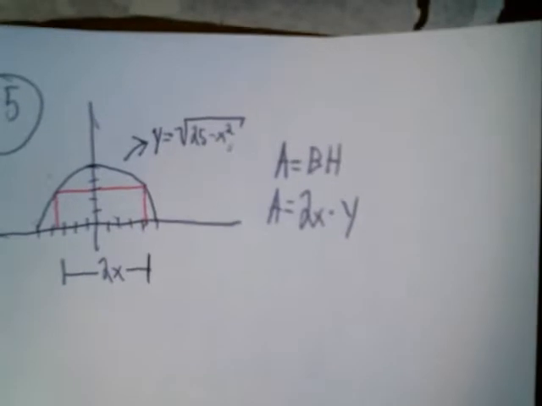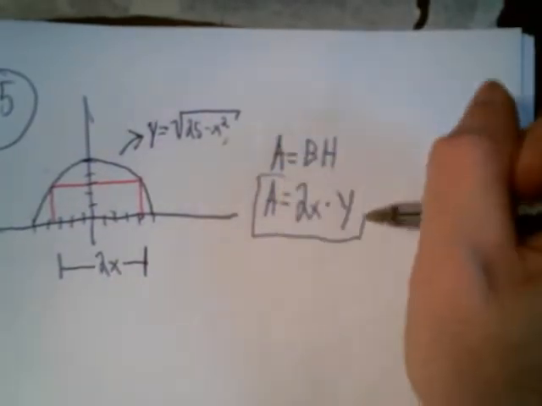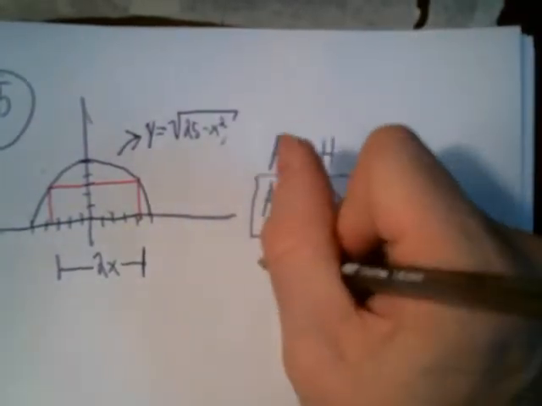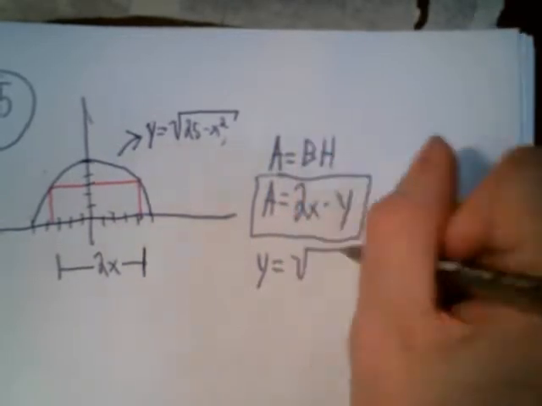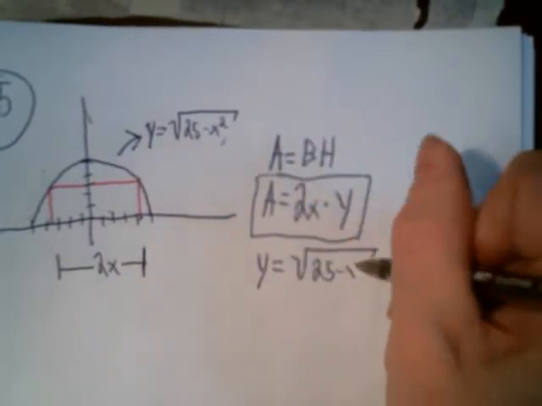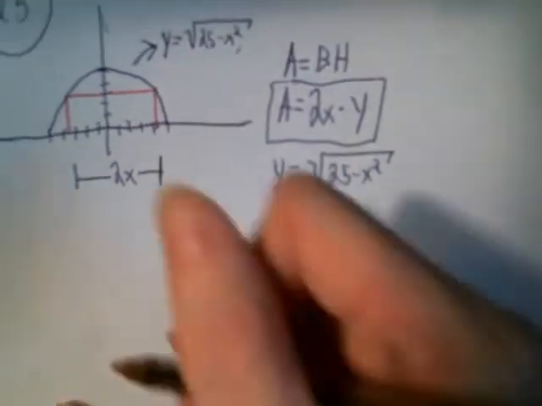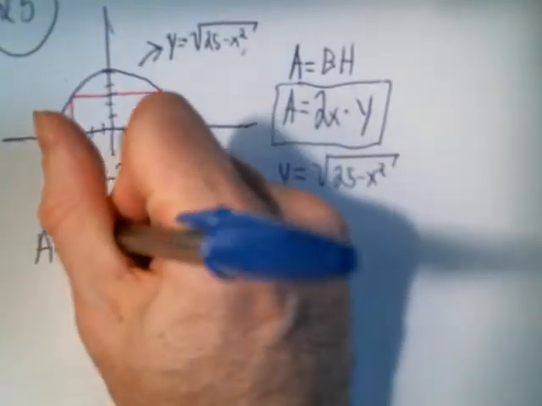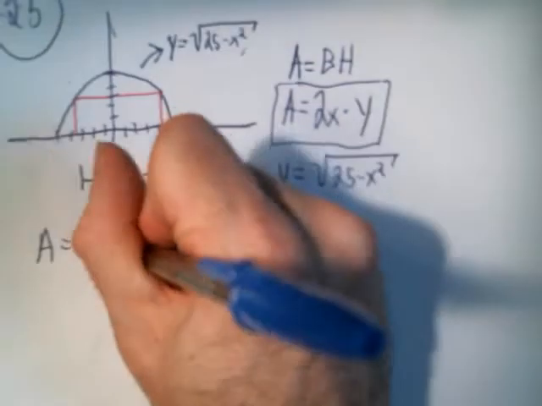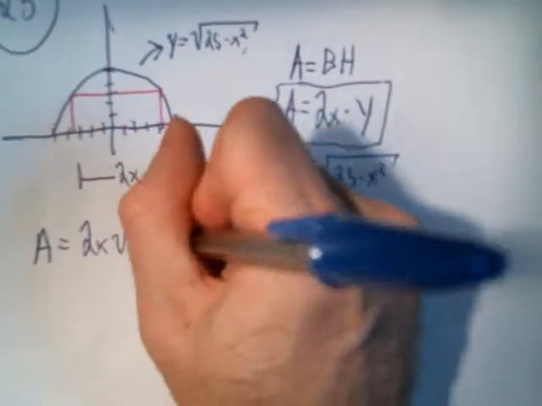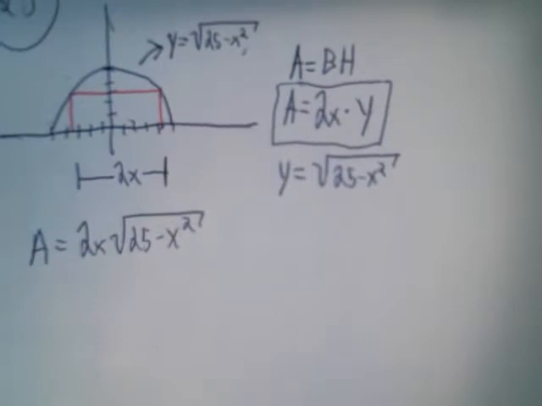Okay. So this is the formula we want to optimize. The constraint formula, of course, is y equals square root of 25 minus x squared. So what you're going to do is plop this guy into the area formula. So the area is going to now be 2x times the square root of 25 minus x squared.